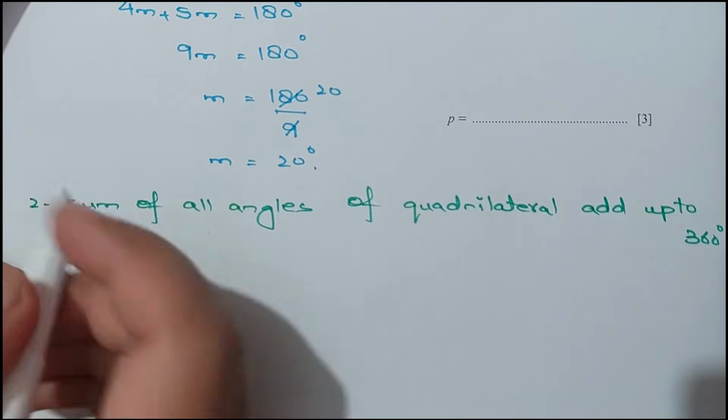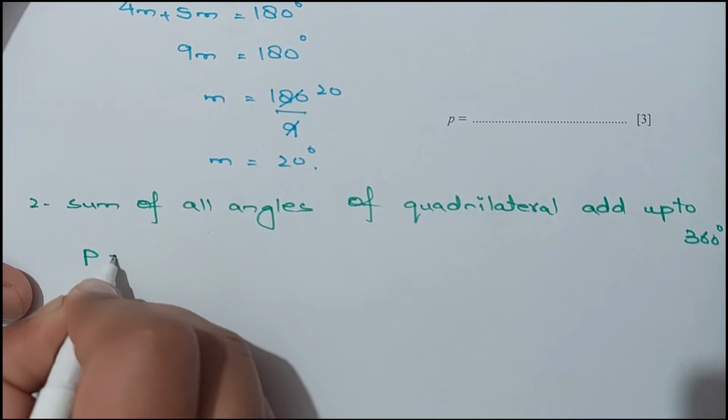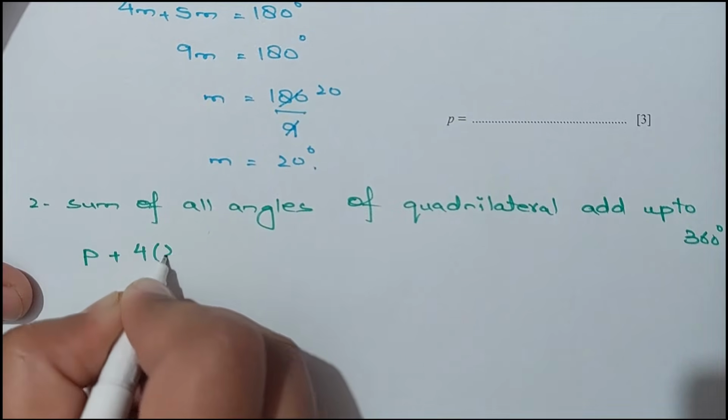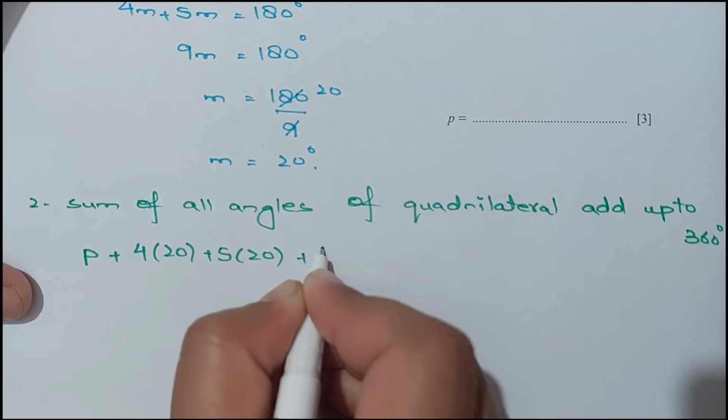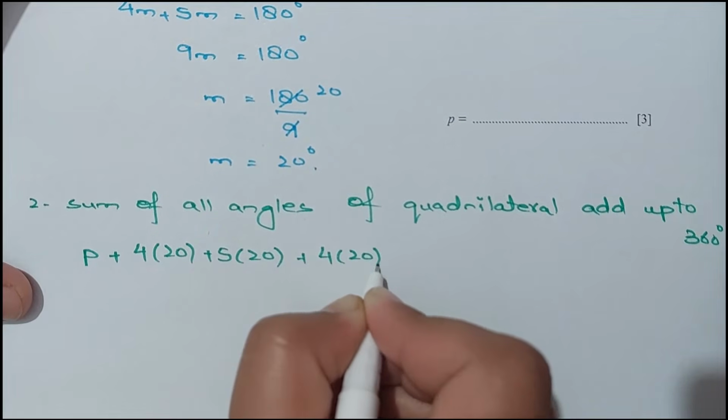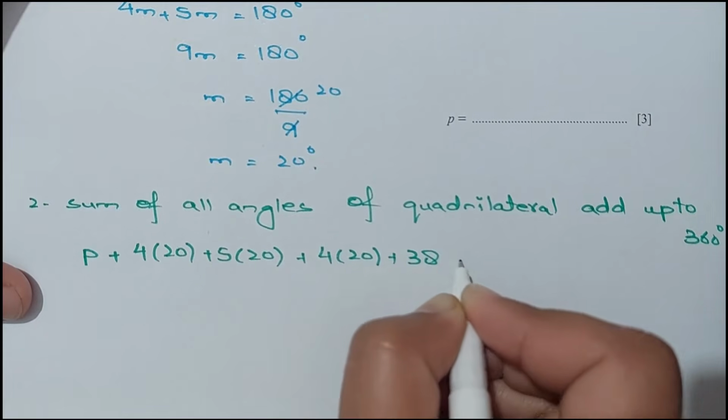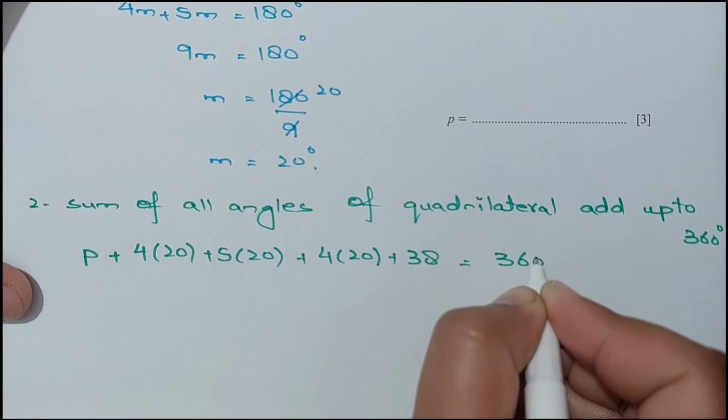All right, so let me add them up. P is the angle, 4m is the angle, 5m is an angle, and 4m plus 38. This sum is 360 degrees.